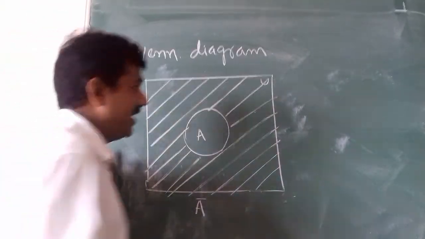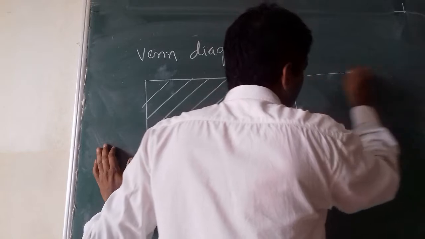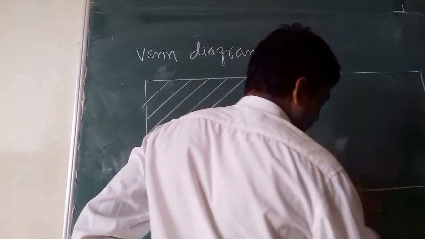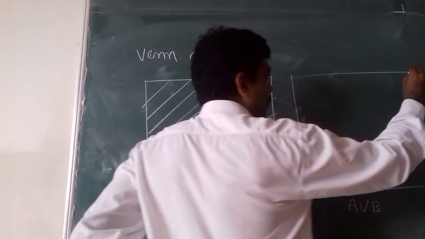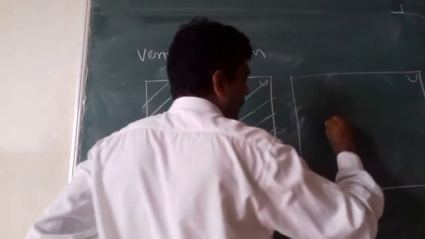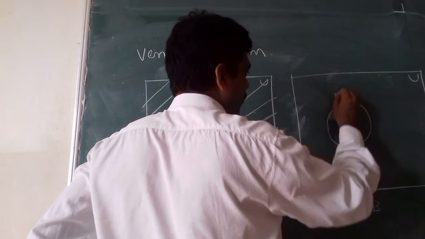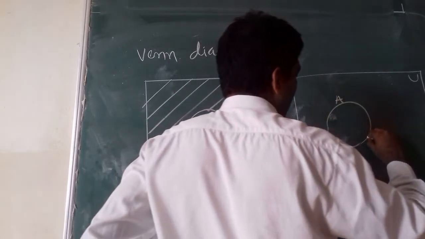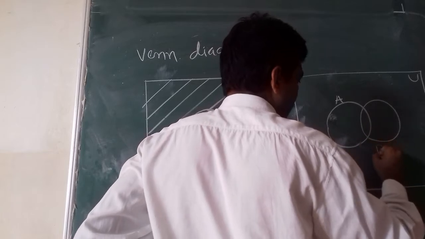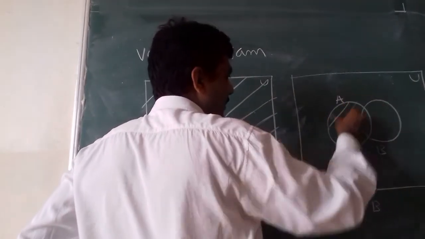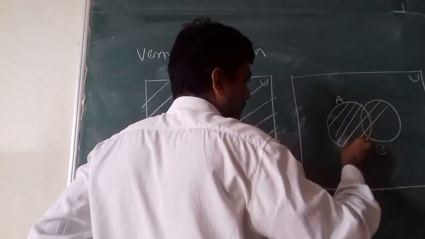Next we will see the union operation, A union B. This is your universal set, this is the set A, and this is the set B, another set. So A union B will contain the elements of both.